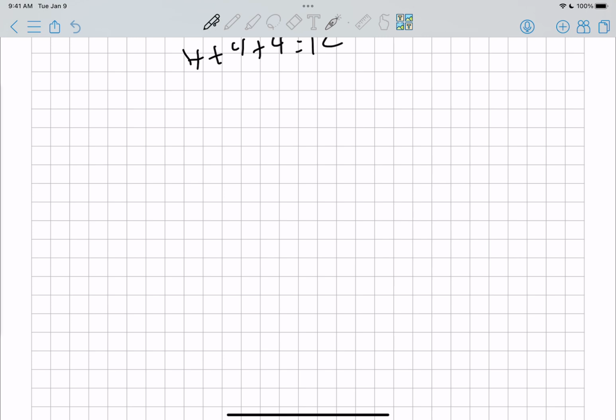How to find electric fields for point charges in practice problems, chapter 9. Okay, let me pull that up then. Chapter 9, content review. All right.